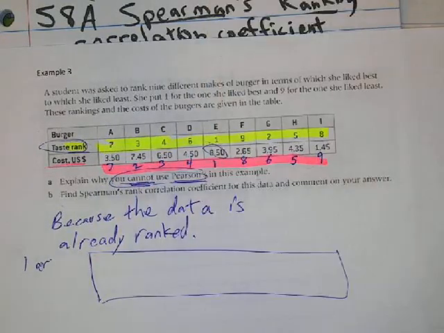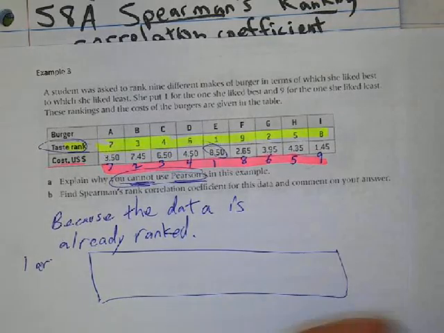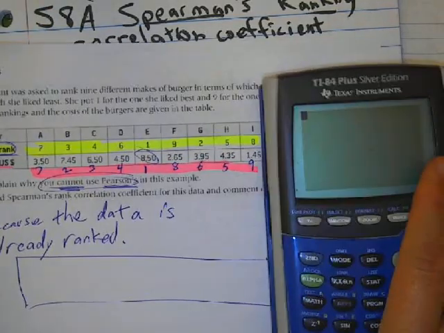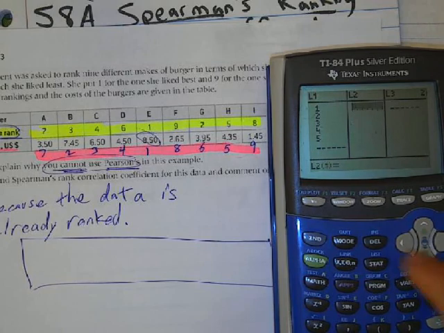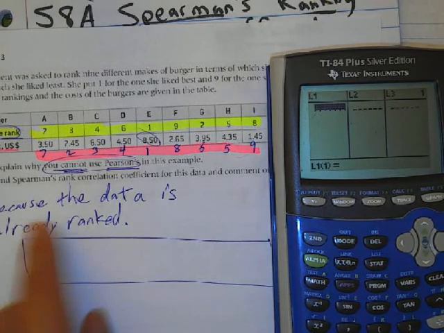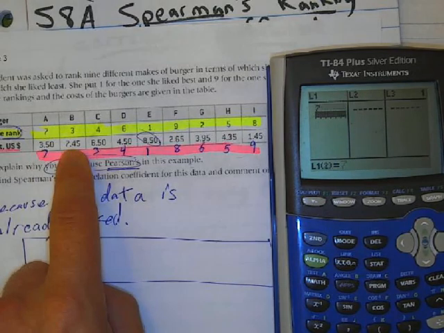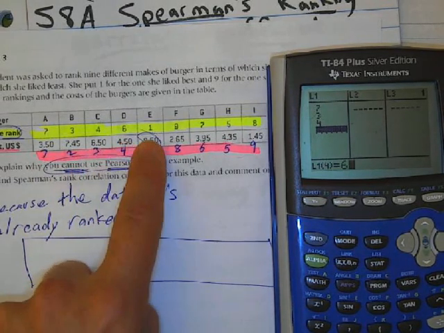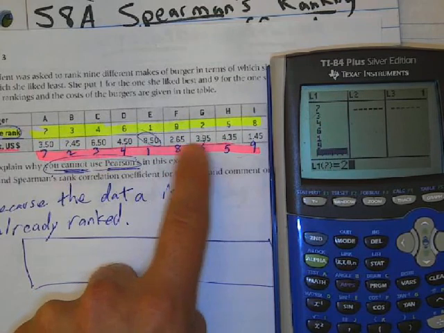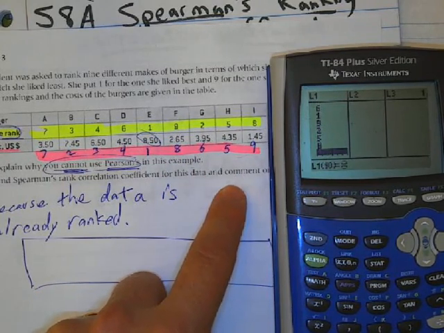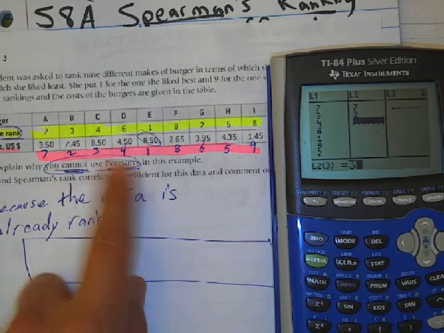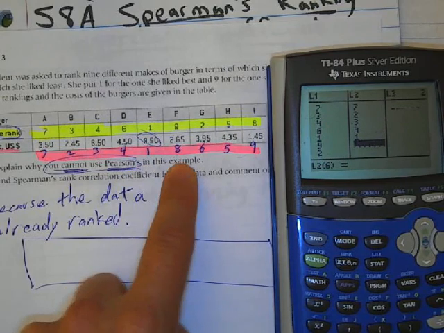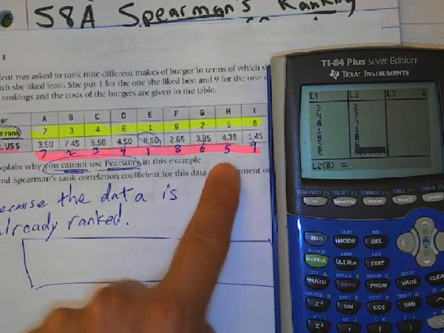Let's put it in there. I'll let you see my calculator. Stat, clear, clear. Okay, so 7, 3, 4, 6, 1, 9, 2, 5, 8, and 7, 2, 3, 4, 1, 8, 6, 5, 9.